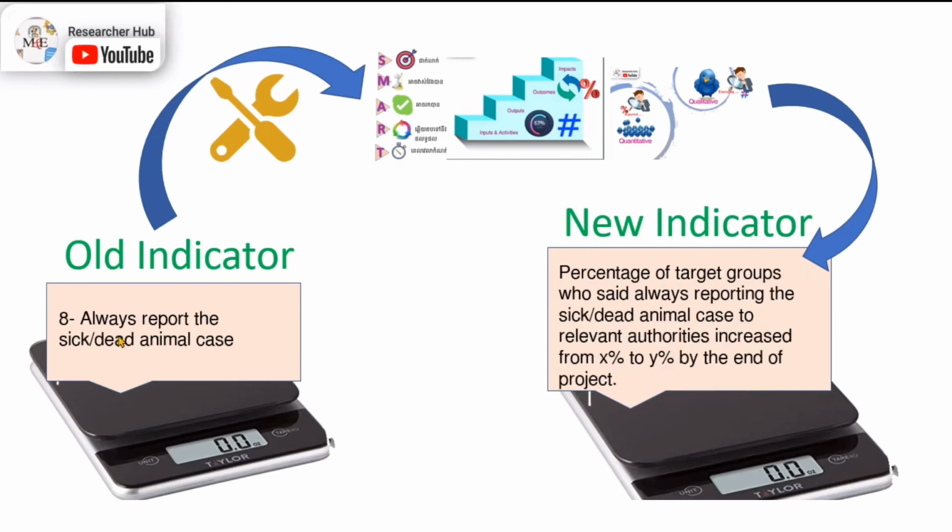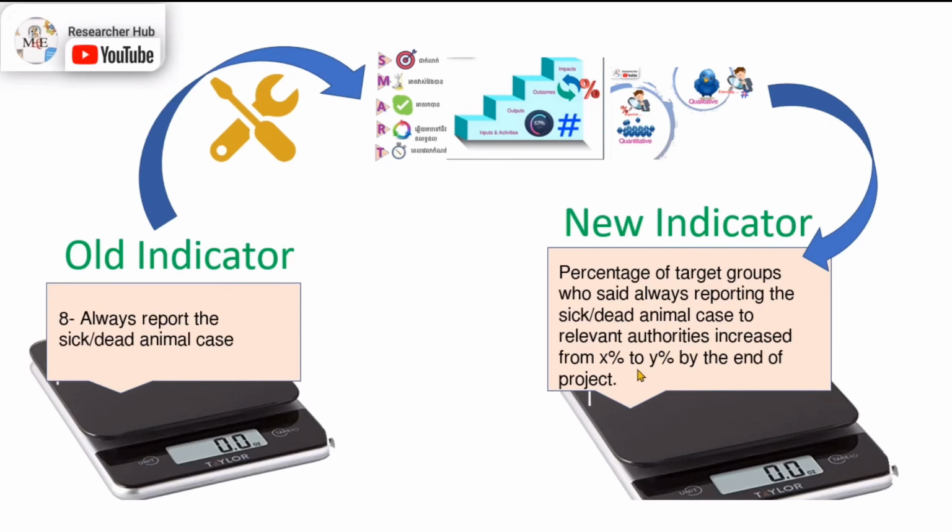Last one: always report the sick or dead animal case. So we improve this: percentage of target groups who said always reporting the sick or dead animal case to relevant authorities increase from X to Y% by the end of project.